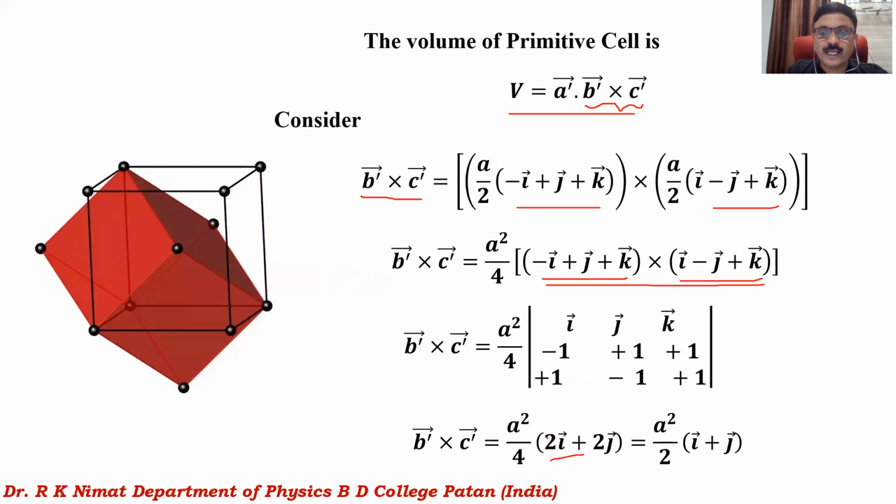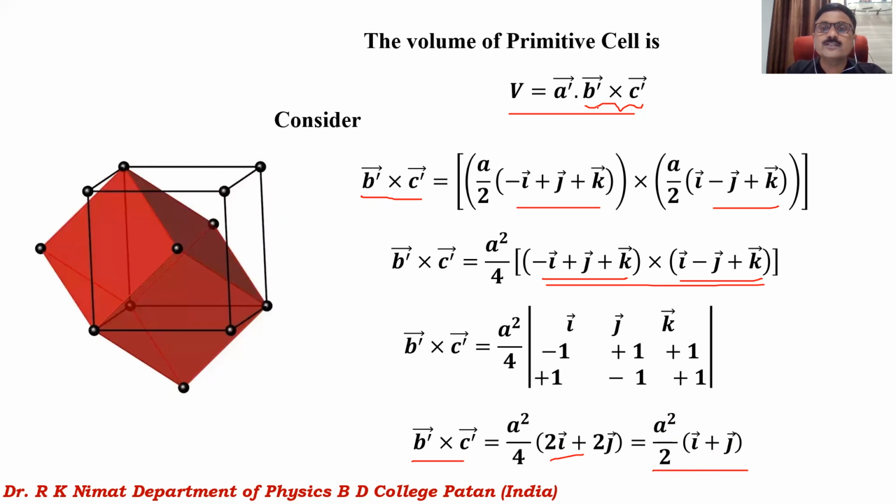So if you take the 2 as common, you will get the cross product of vector b dash and c dash as a square divided by 2 into (unit vector i plus unit vector j). That is how we have calculated the cross product of vector b dash and vector c dash.